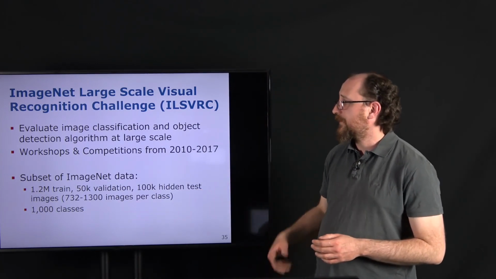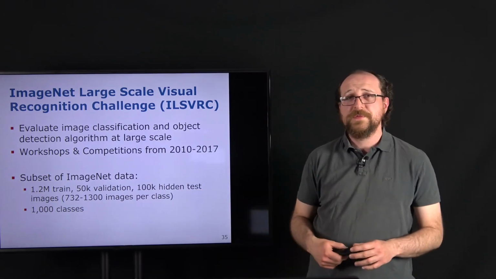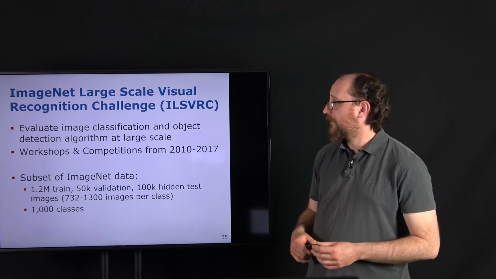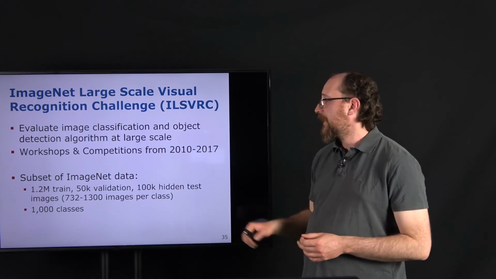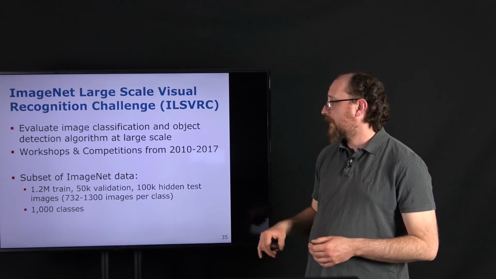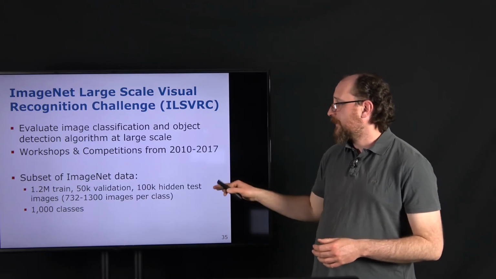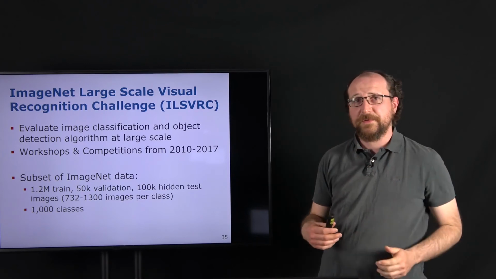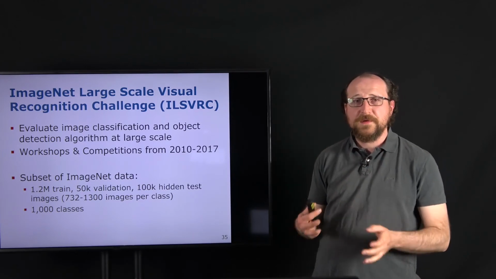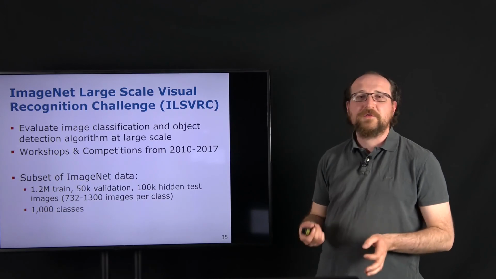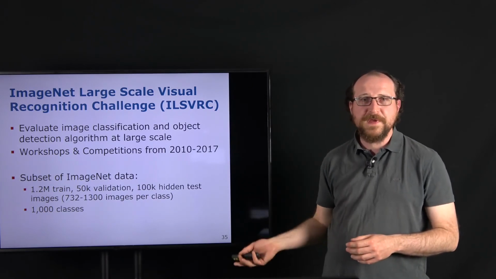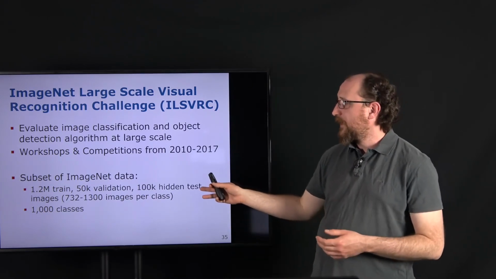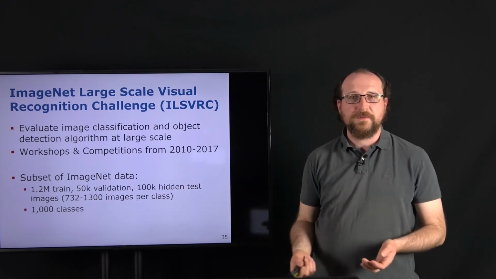This dataset contains 1.2 million images for training, 50,000 images for validation, and 100,000 images as hidden test set. This is also an important thing that I talked about in the beginning, that you want to have this hidden test set so that people cannot cheat. They had to submit their results for the test set, and they were then evaluated on the server.